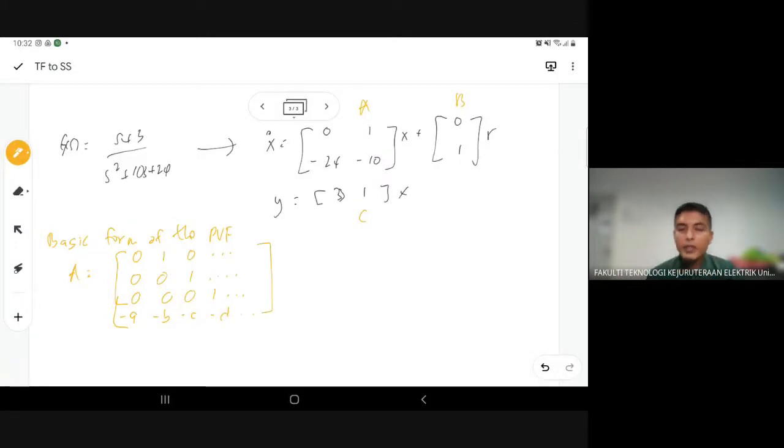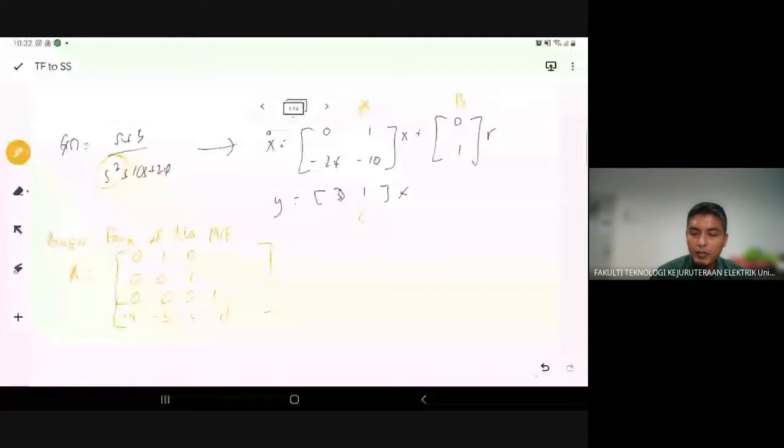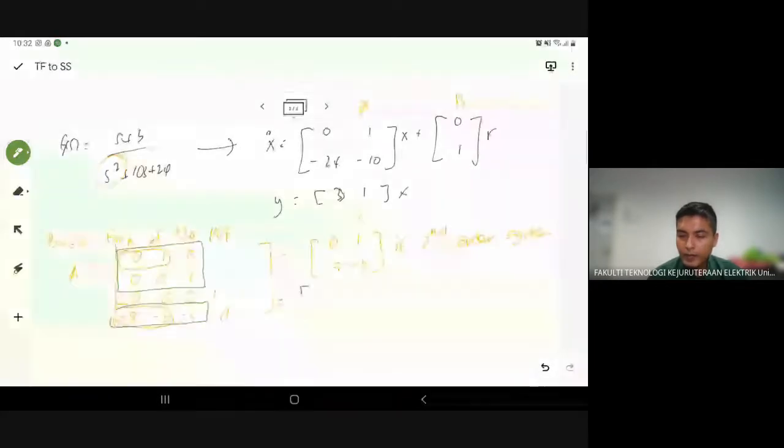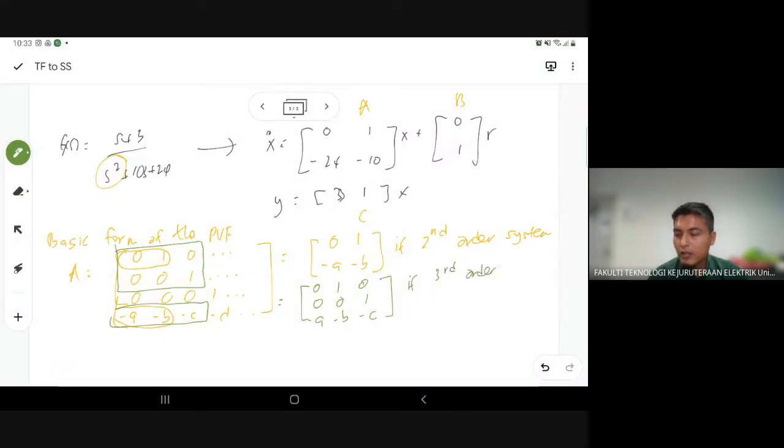So if this is a second order system, you just look at the first and second, so the A matrix will be 0, 1, negative A, negative B. If your transfer function is a third order system, it becomes 0, 1, 0, 0, 0, 1, negative A, negative B, negative C.